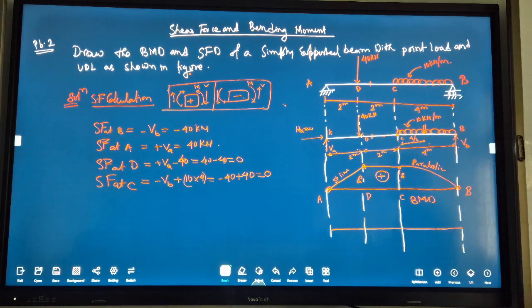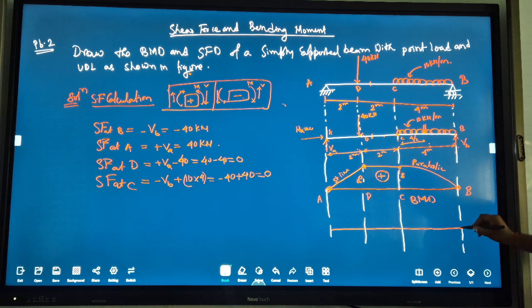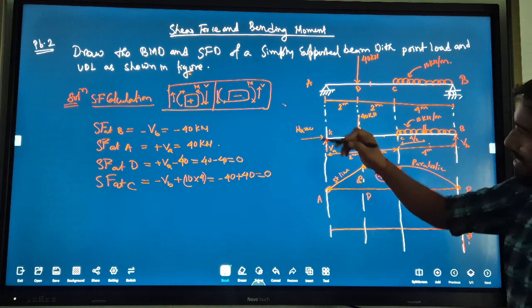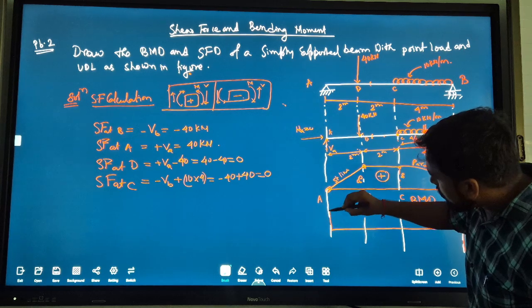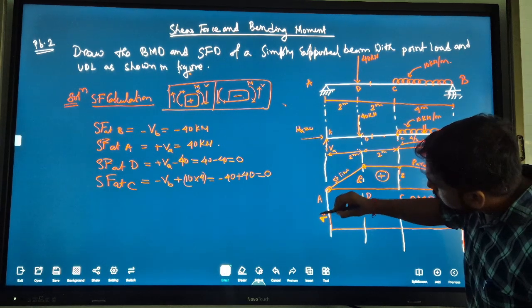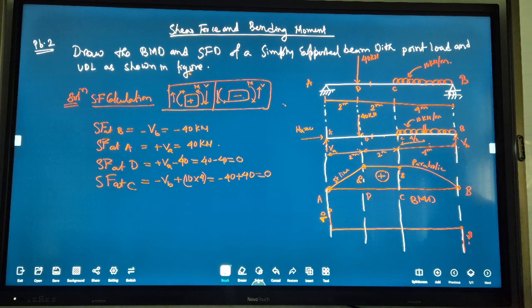Now shear force at B, how much? Minus 40. So go towards this, this is your minus 40. Here shear force at A is plus 40, so go up plus 40. Shear force at C, how much? 0.